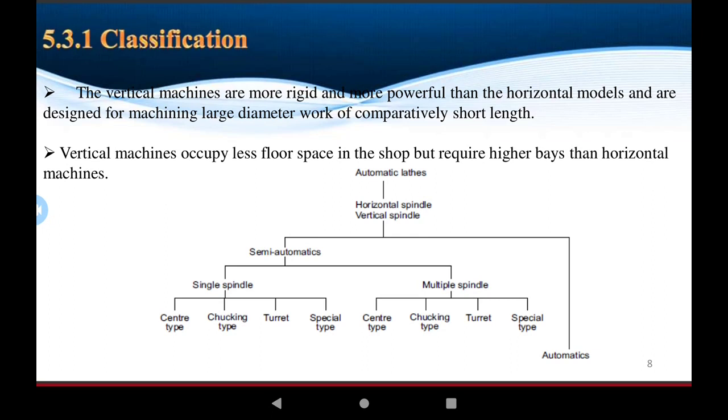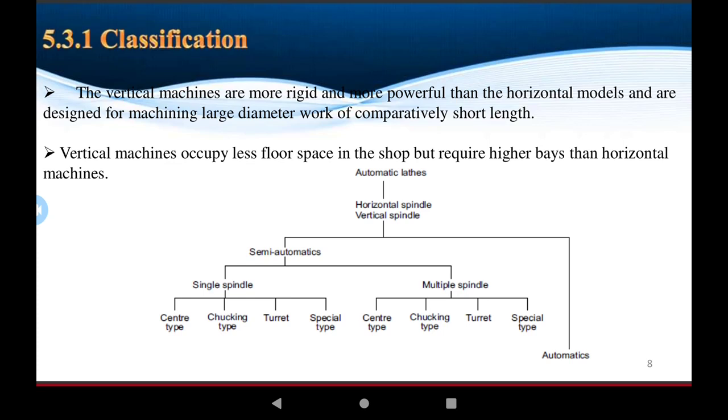The horizontal machines are very suitable and very strong, and are selected for one or more manufacturing operations on large workpieces.